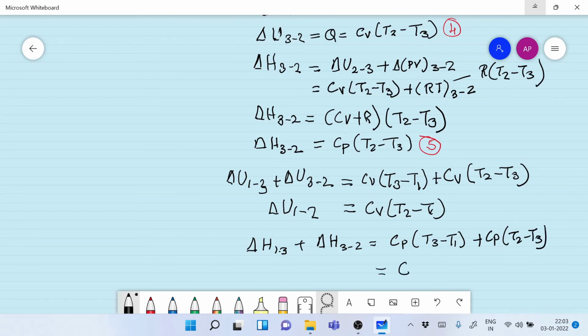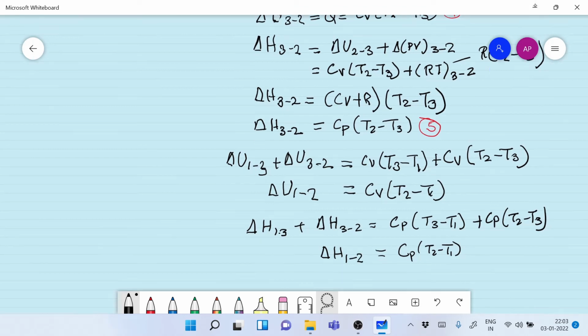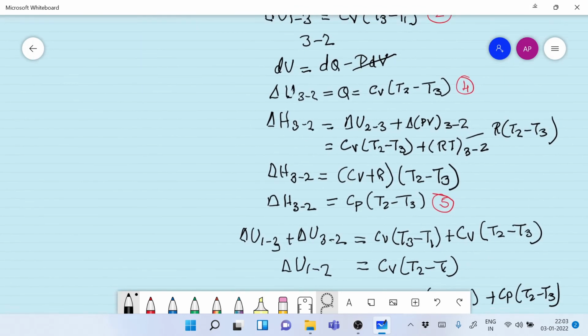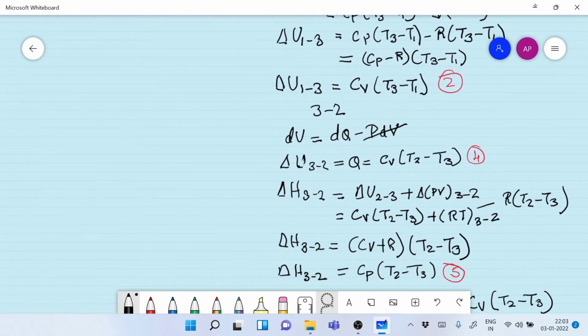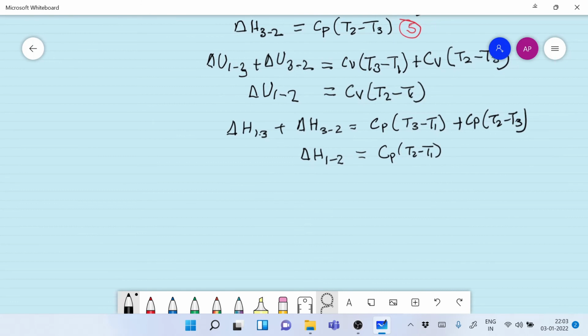And we get this as Cp (T2 minus T1), which is the enthalpy change from 1 to 2. Therefore, the change in enthalpy and the change in internal energy are independent of the path which we take. But heat and work are never independent of the path we take.